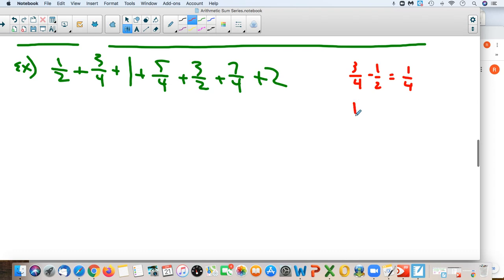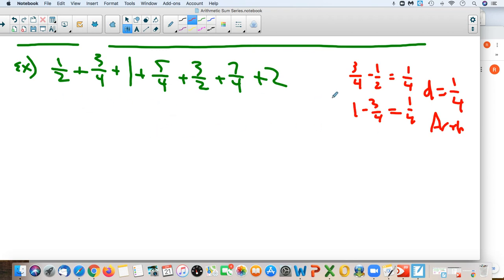Or you can try 1 take away 3 quarters. That will also produce 1/4. At the same time, the common difference is 1/4. So we know it's an arithmetic situation. So if it's arithmetic, we're going to use arithmetic formulas.